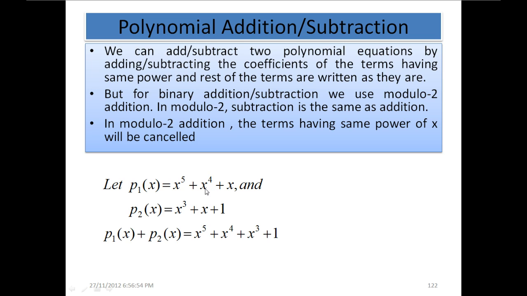X to the power 4 is not in this term, so it is written as it is. X is in this term, so this x is cancelled by this x, and it is not written over here. This x cube is written over here because it is not in this term, and this 1. So this is how we add or subtract modulo 2 polynomials.